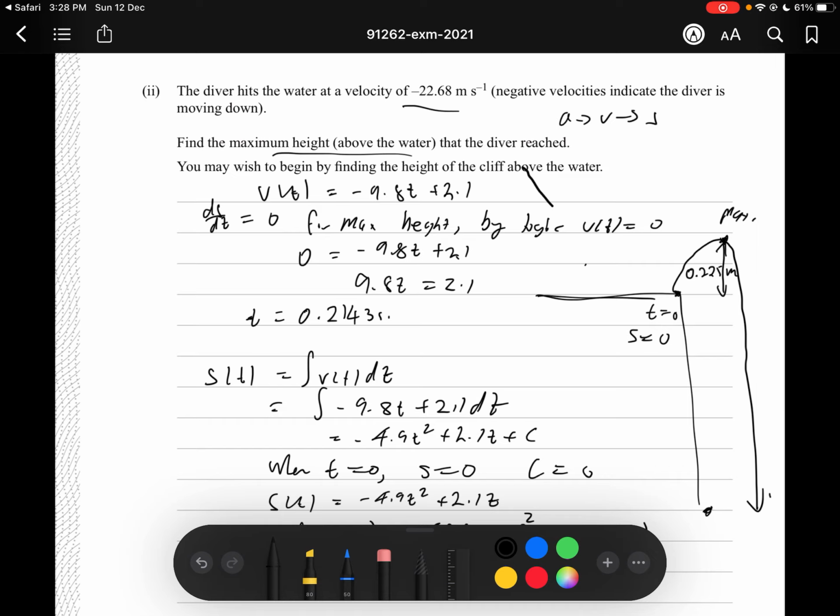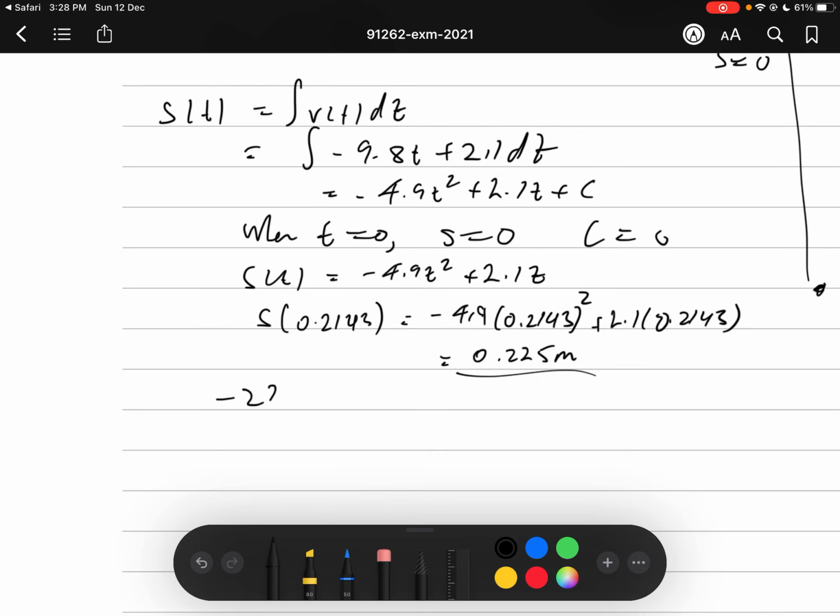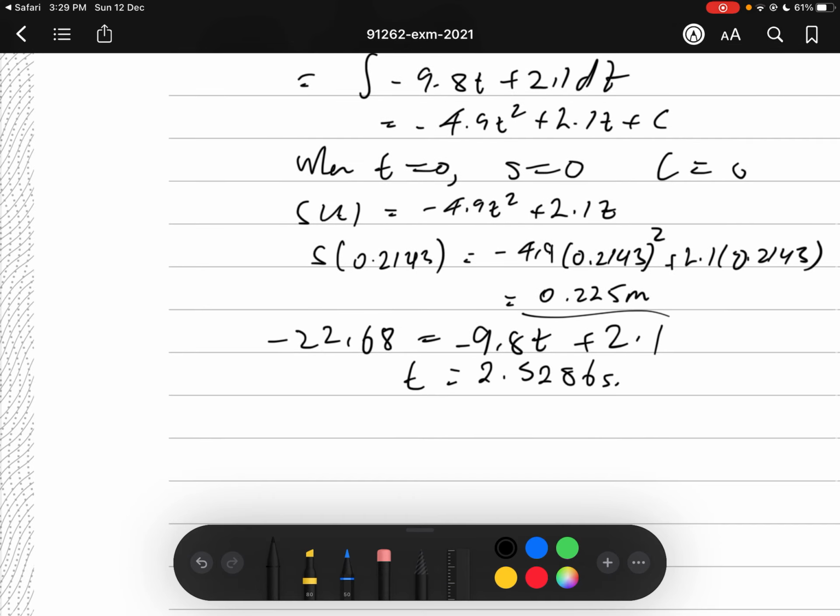Substituting negative 22.68 into our velocity formula, which is negative 9.8t plus 2.1, that should give us a time value of 2.5286 seconds.